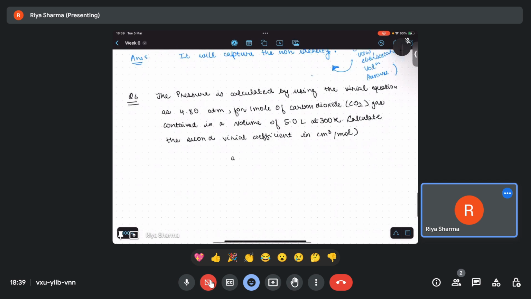The options are A 126, B 132, C 154, D 222. You can try solving this. I'll give you 2-3 minutes to solve this problem.